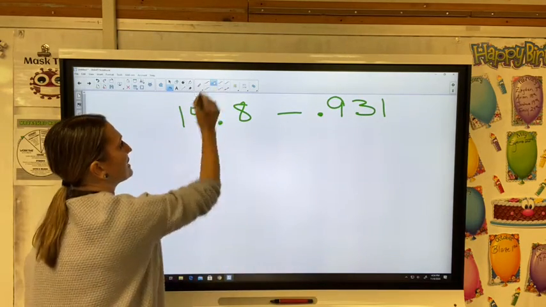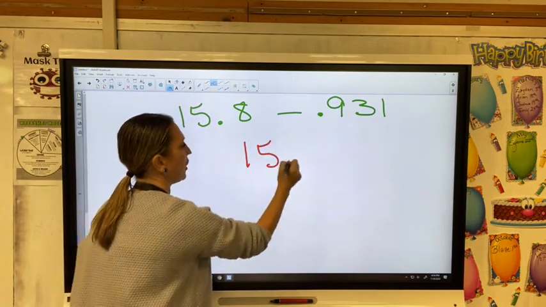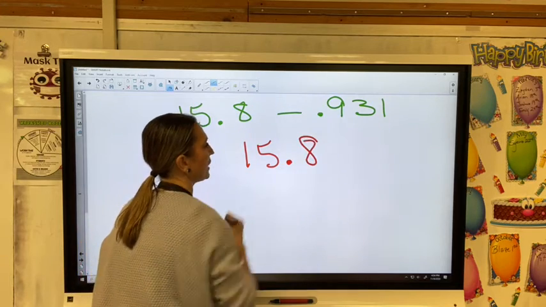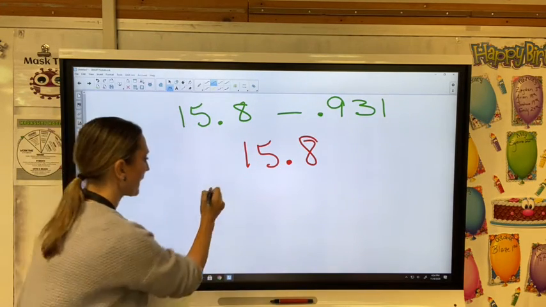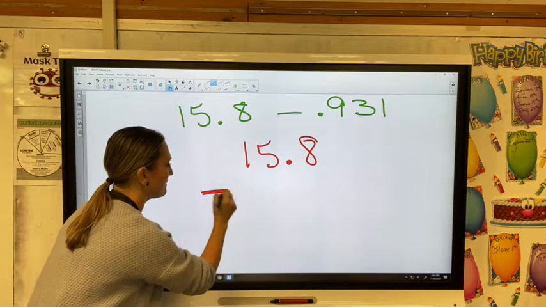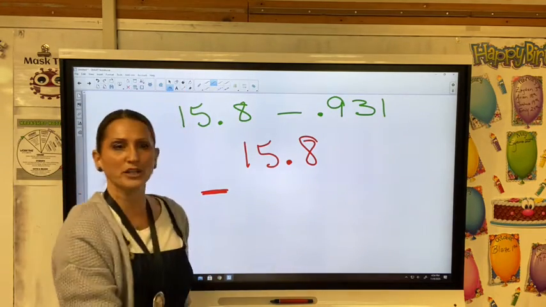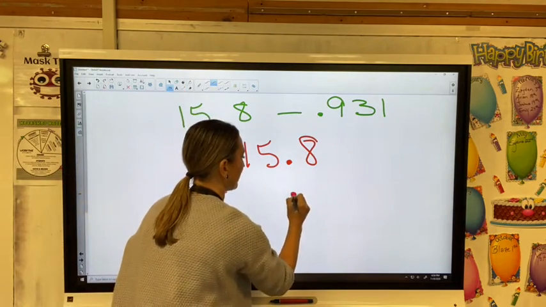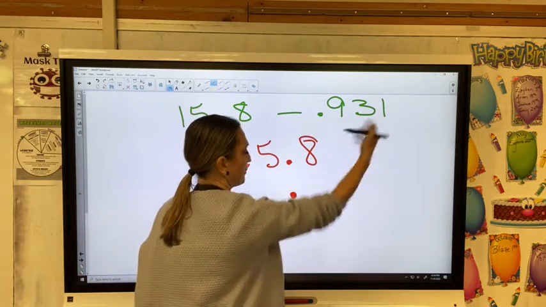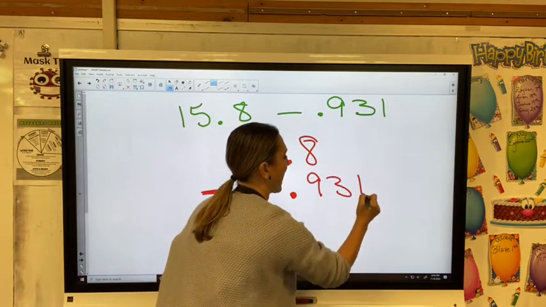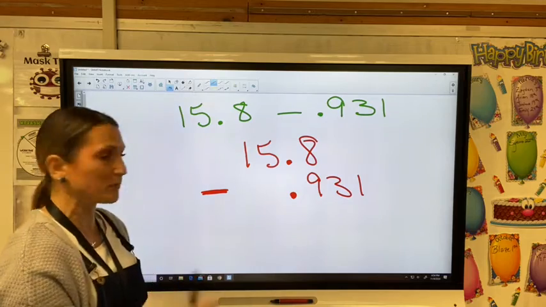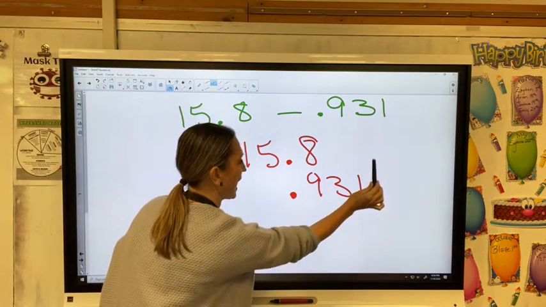Again, I'm going to line them up. So I line up my wholes. There's my decimal and my 8/10. I know I'm going to use subtraction. And the first thing I'm going to do again is line up that decimal. There it is. And then I'm going to put my 931 thousandths behind that decimal, making sure I lined up their place value.